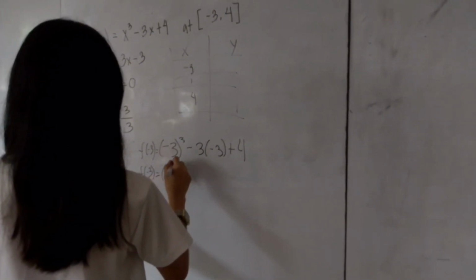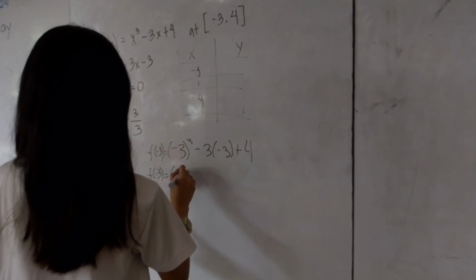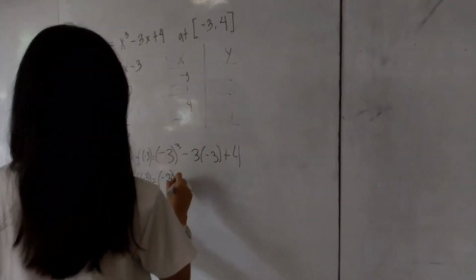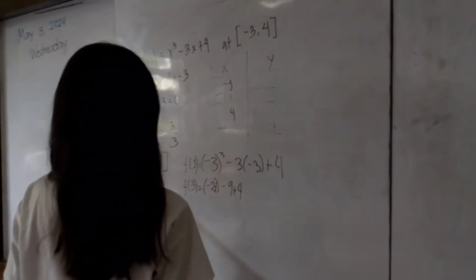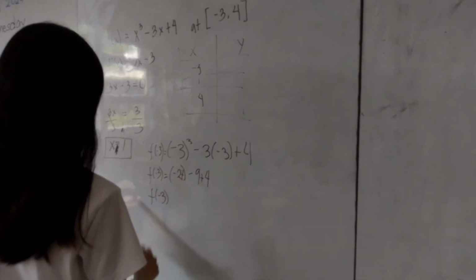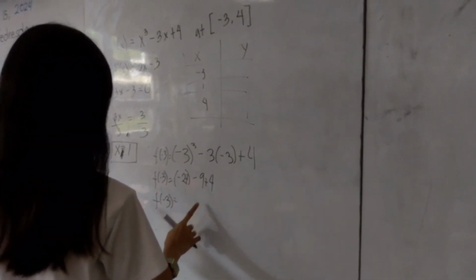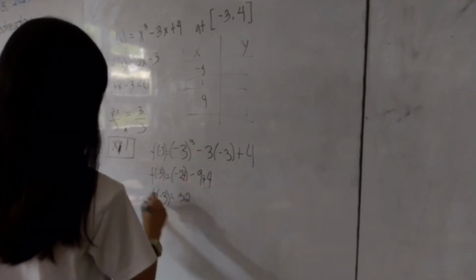Negative 3 raised to cube is equal to negative 27, minus 9 plus 4. Negative 24 minus 9 plus 4 is equal to positive 32.